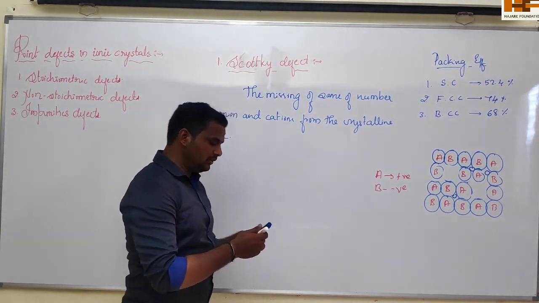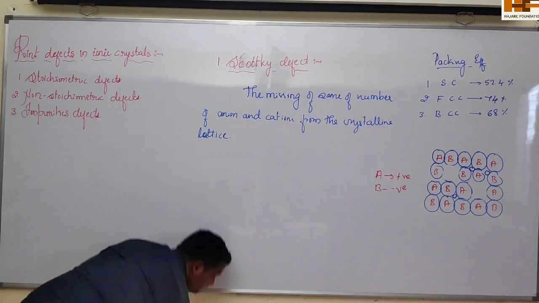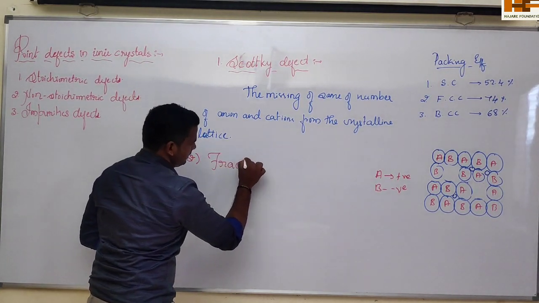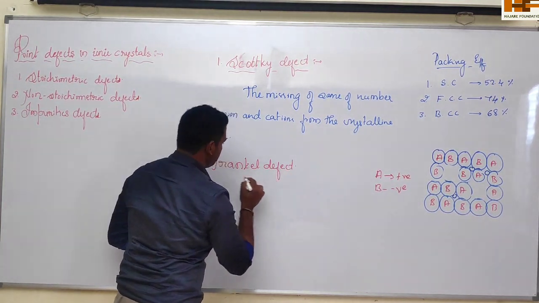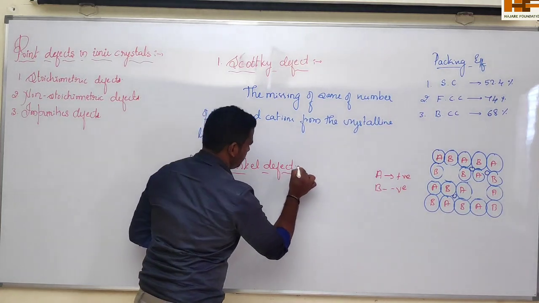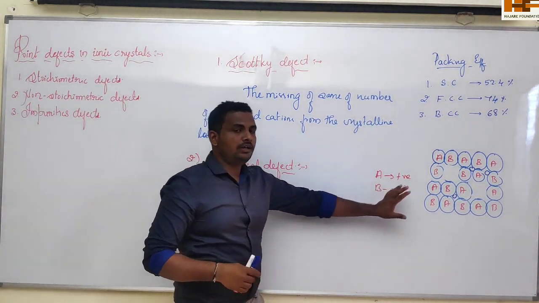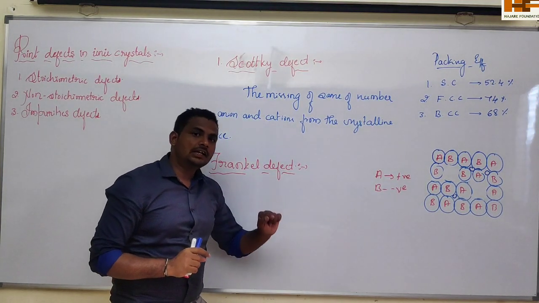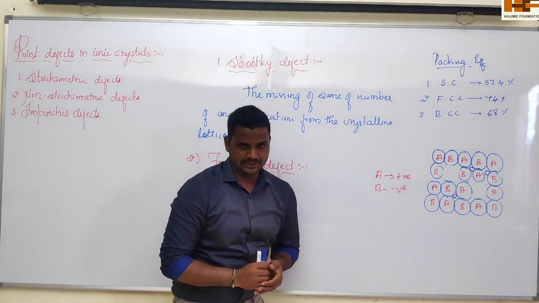Next, the same thing we can observe in the second one, that is Frenkel defect. Frenkel defect. Here in the same crystal, there is a missing of only the cation, and that will also occupy the interstitial space.